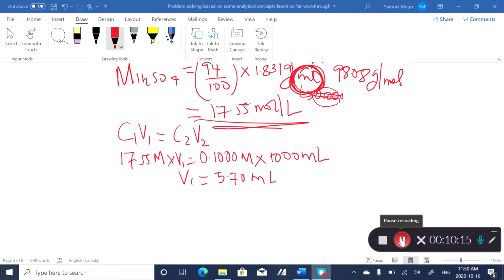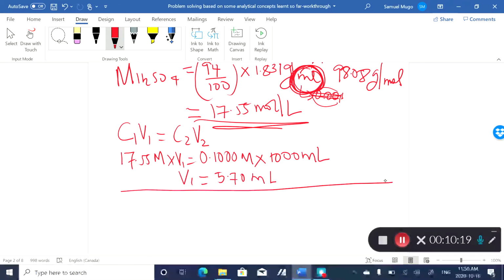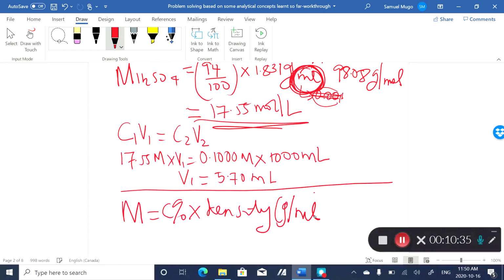However, a very simple equation that you can equivalently use to convert molar concentration into percent and vice versa is: the molar concentration is equal to the percent, multiplied by the density in grams per mil, and then multiplied by 10, divided by the molar mass.